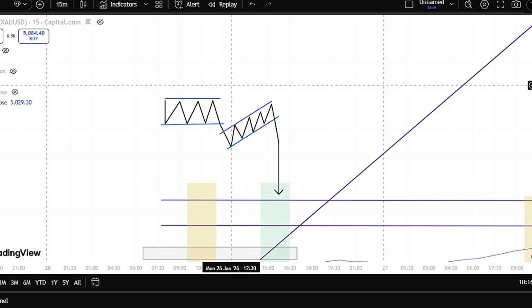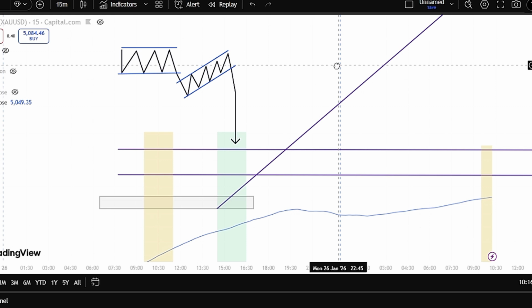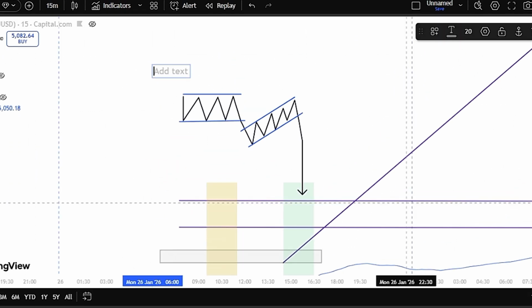I'm going to be calling this the adjacent wedge.